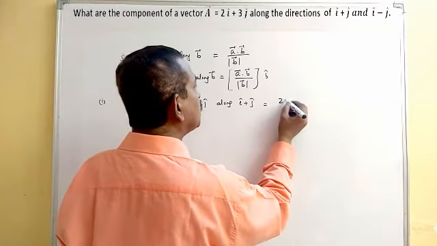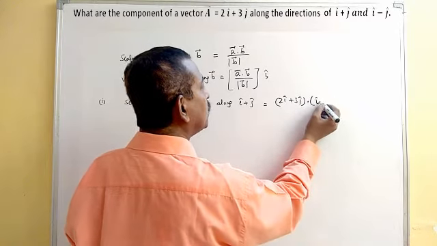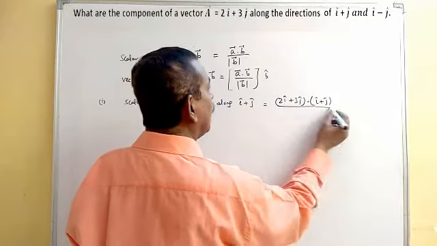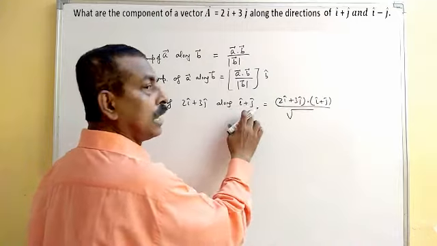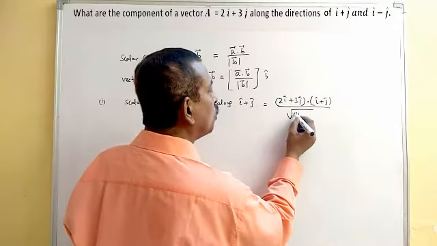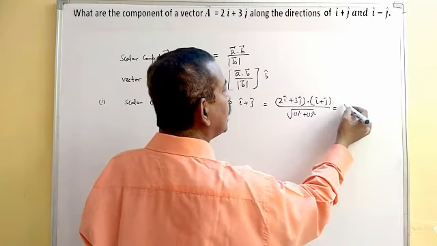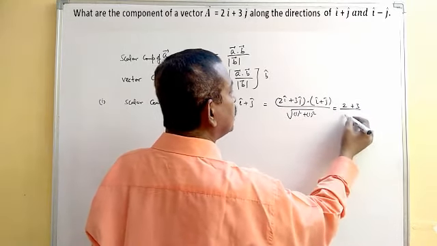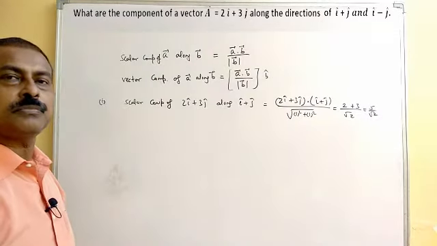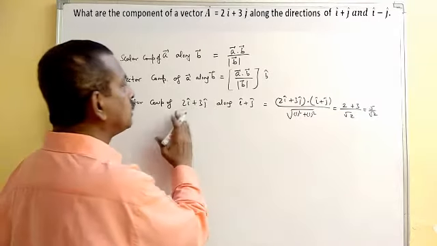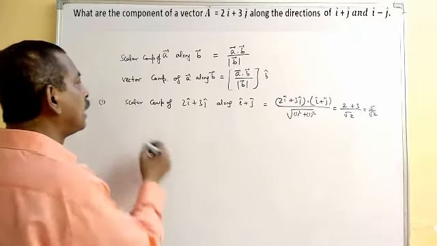This will be the dot product of 2i plus 3j dot i vector plus j vector, divided by the magnitude of this vector, because we want it along i plus j vector here. So it is square root of 1 square plus 1 square. And this is 2 into 1, that is 2, plus 3, divided by root 2. So it is 5 by root 2.